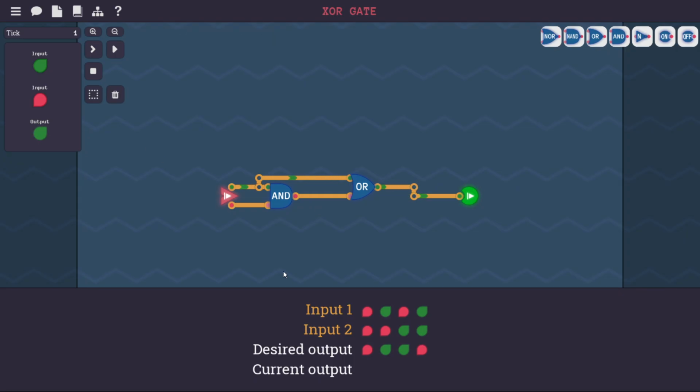So right now the first condition, if both of them are off, then the whole thing is off.